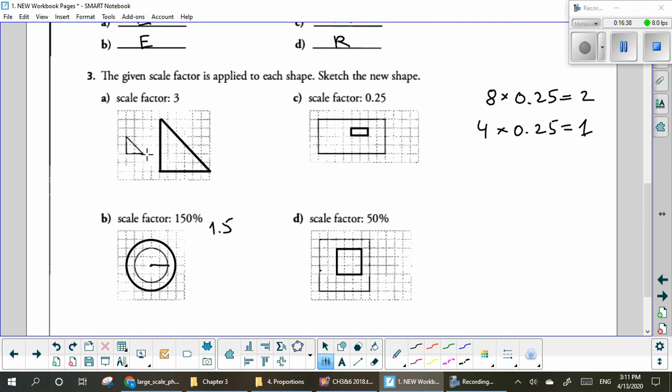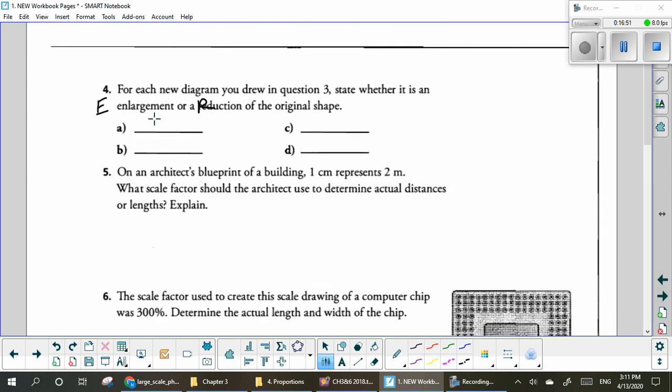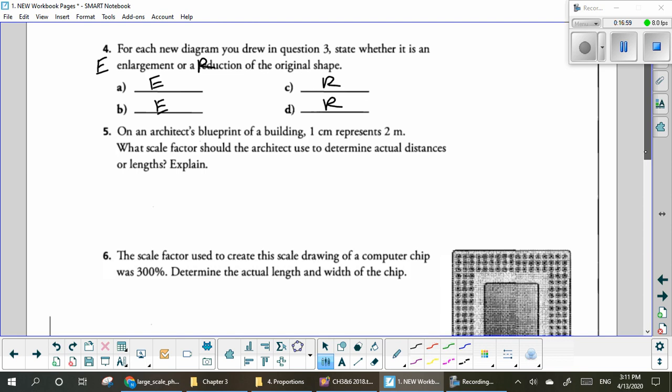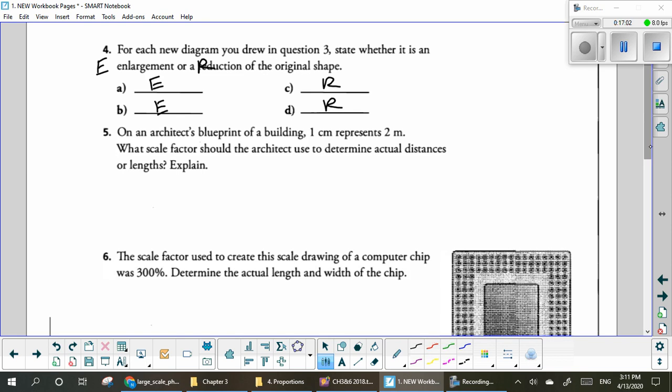So we went from a small triangle to a big one, from small circle to a bigger one, and then we have a reduction for C and D. We went from a bigger rectangle to a smaller one, and bigger square to a smaller square. So we have E for enlargement, and R for reduction. There we go. That was easy.